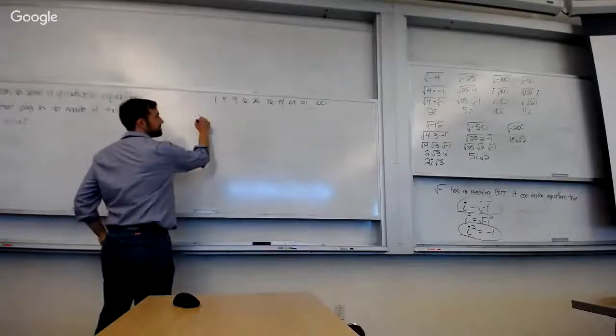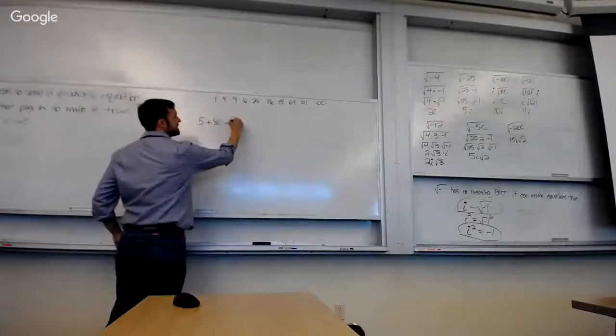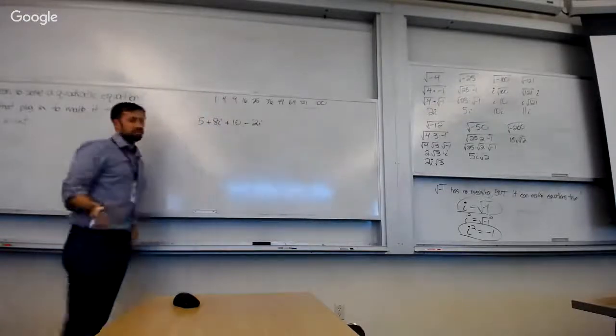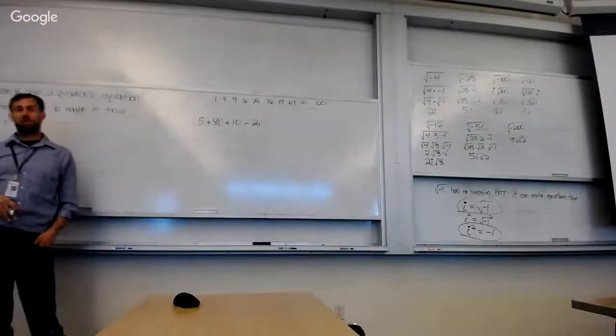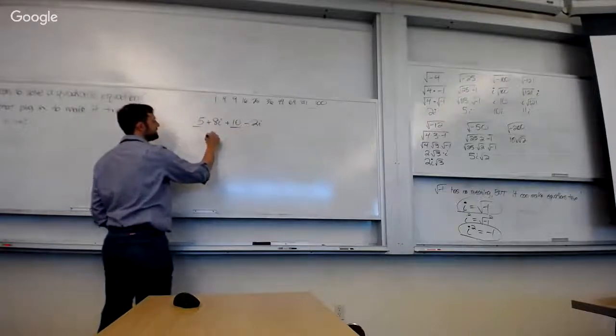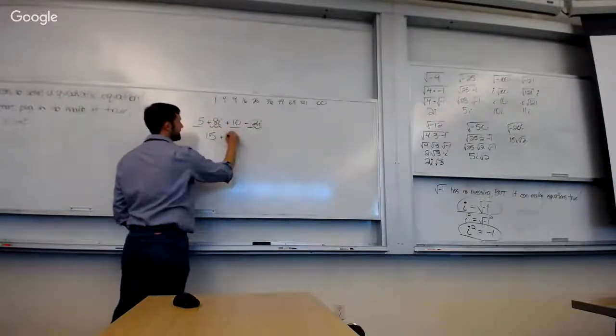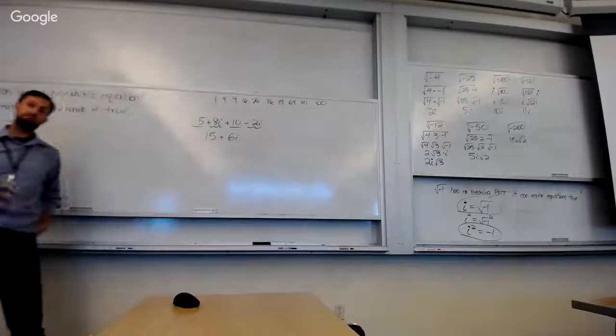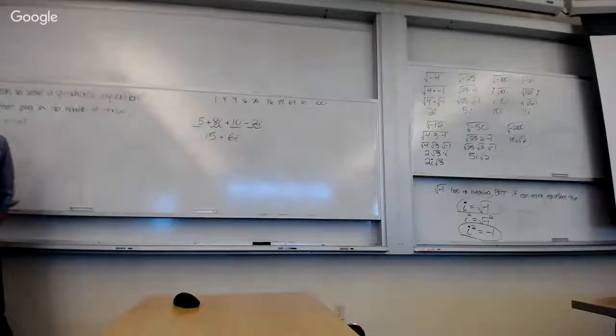If you have the problem 5 plus 8i plus 10 minus 2i, you just act as though i is a special variable, but it's still just a variable. You combine like terms. So 5 plus 10 is 15, and 8i minus 2i is 6i. In that regard, i is just like any other normal variable.